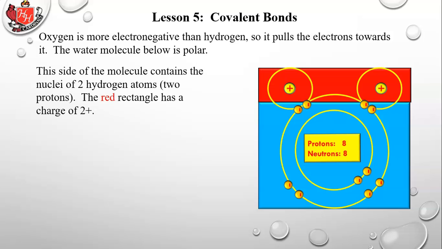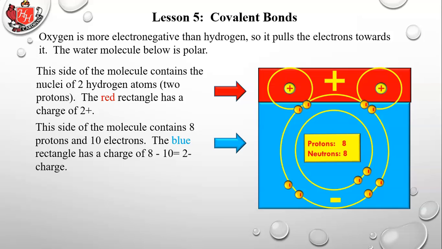So this side of the molecule contains the nuclei, that's the plural for nucleus, of 2 hydrogen atoms, 2 protons. The red rectangle has a charge of +2. So if you look at the red rectangle there, it has those 2 protons, but it doesn't have any electrons in it. So it has a charge of +2.